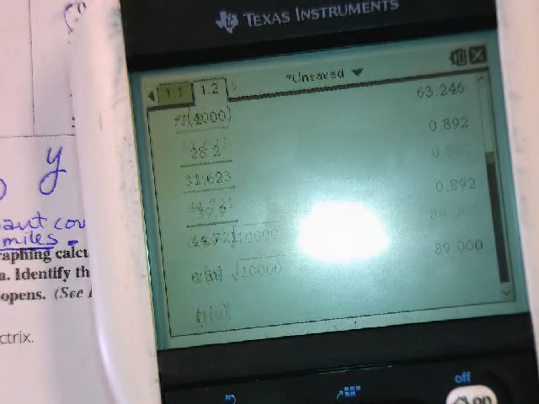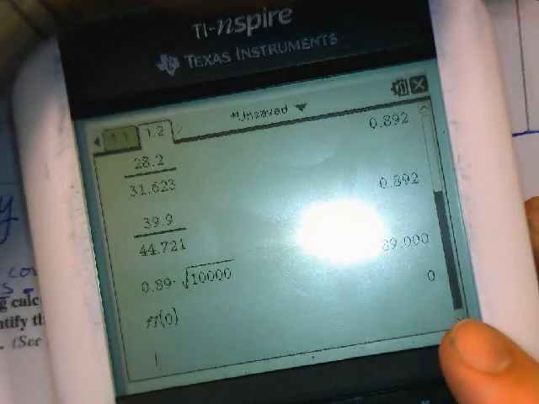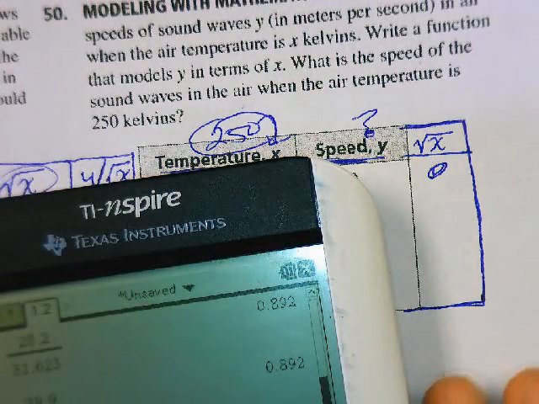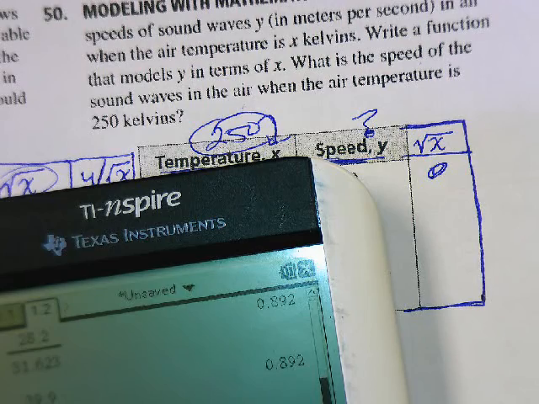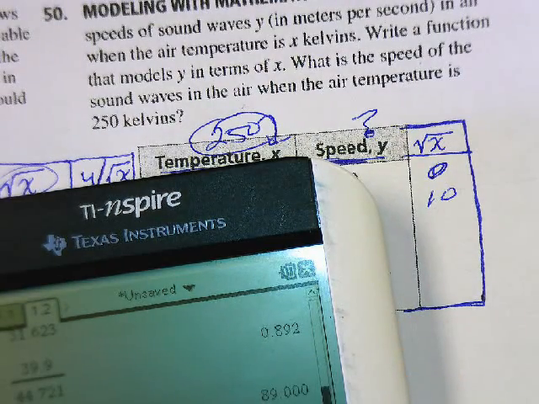And then we'll try F1 of 100. That gives us 10. F1 of 200 is 14.142.